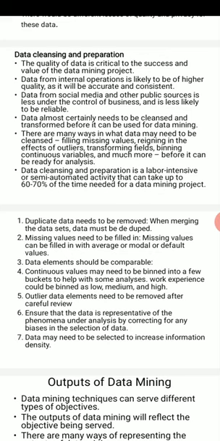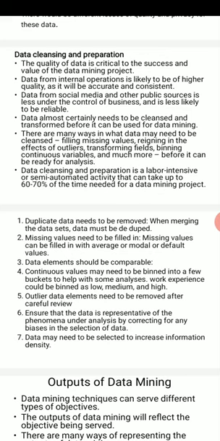values may need to be binned into a few buckets to help with some analysis. Work experience could be binned as low, medium and high. So the outlier data elements need to be removed after a careful review.